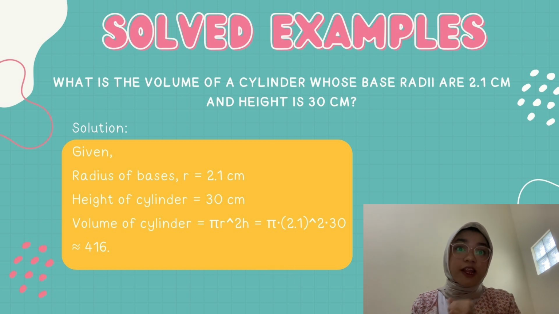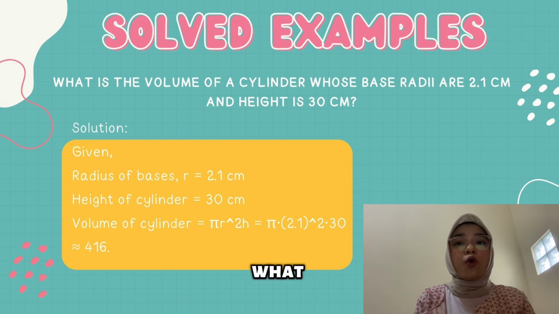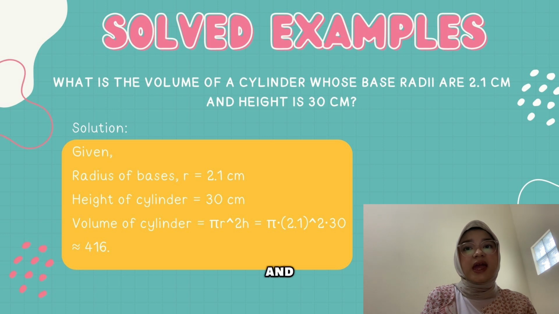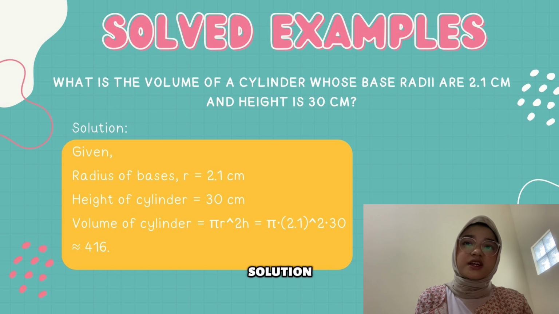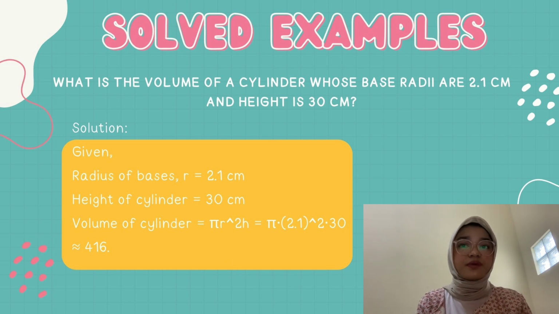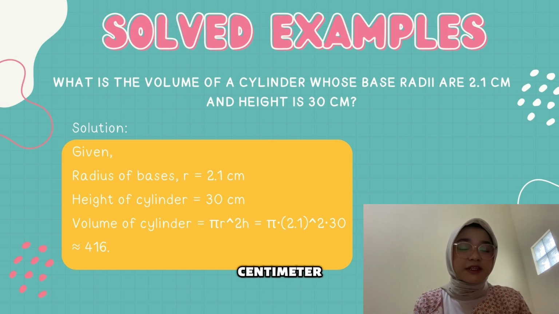Okay, so that we understand better, let's go to example question number 2. The question is, what is the volume of a cylinder whose base radius is 2.1 cm and height is 30 cm? Solution: given radius of base r equals 2.1 cm, height of cylinder equals 30 cm.